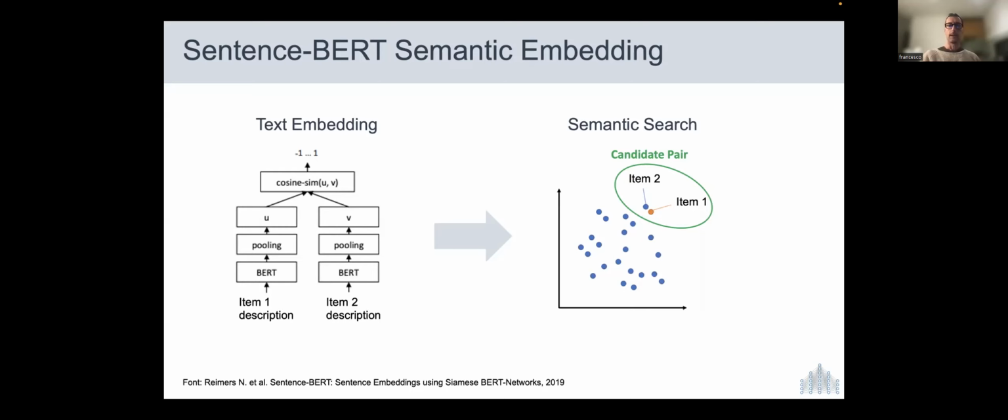And in that case, with semantic search, you can find the highest quality pairs for each item and feed those to the final classifier.